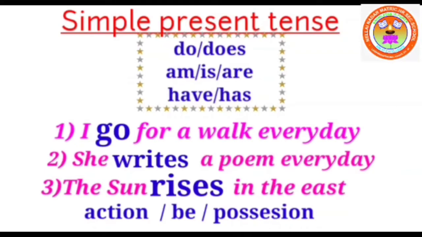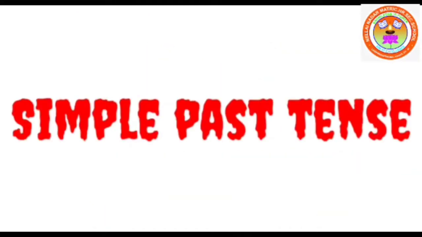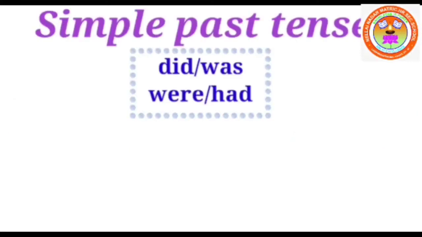Then let us see the simple past tense with usage and example. Simple past tense is to indicate a past habit or an action already completed. So when we use only one form of the verb, either did or be form verbs like was, were, and have form verb had.